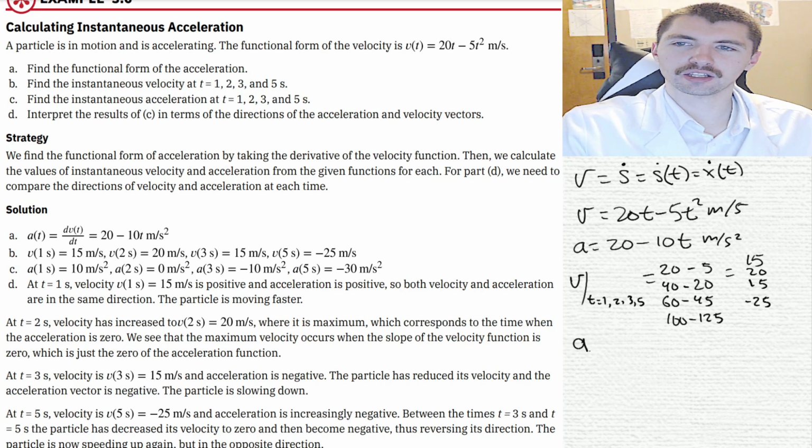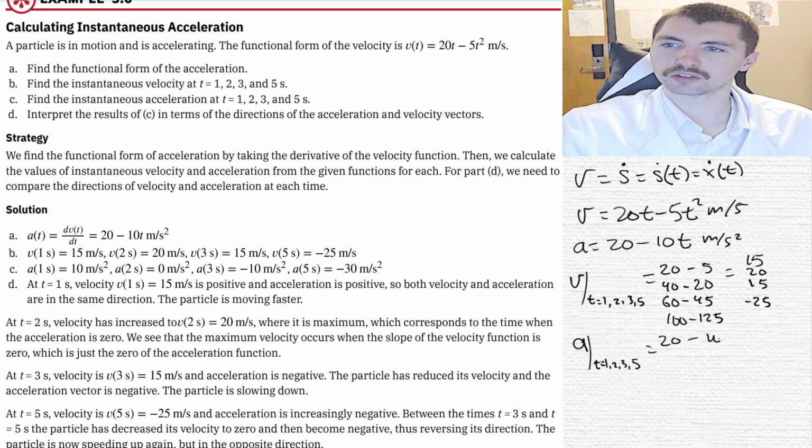What about A at... so that's 20 minus 10, 20 minus 20, 20 minus 30, 20 minus 50, so 10, 0, negative 10, negative 30.